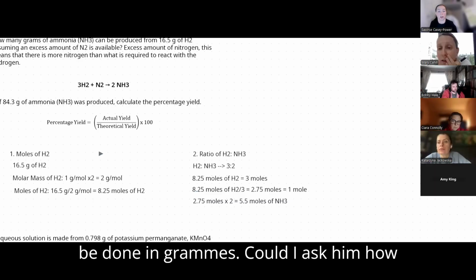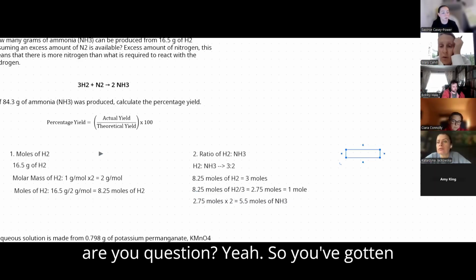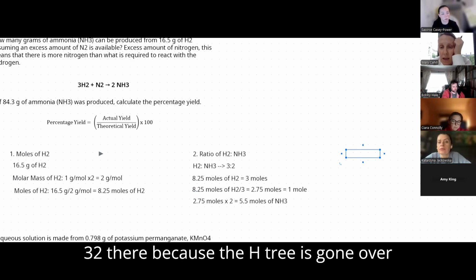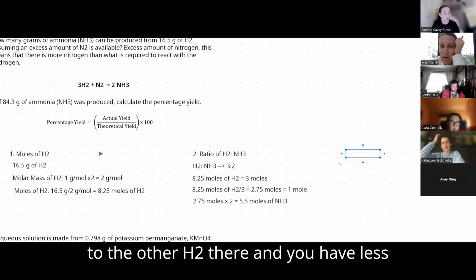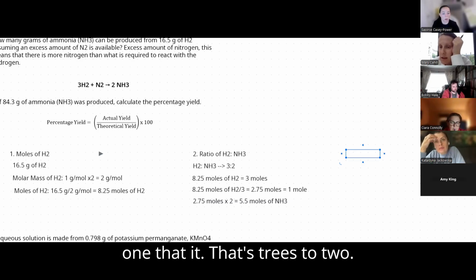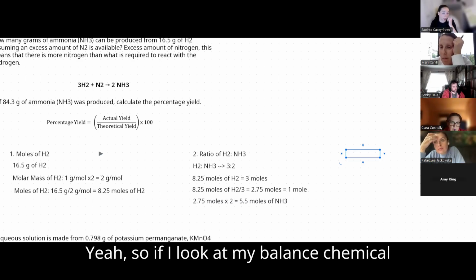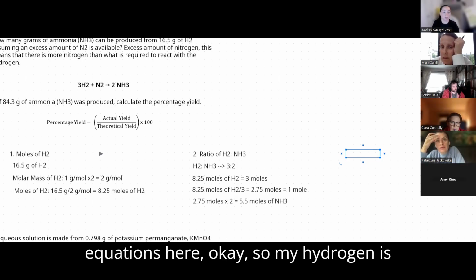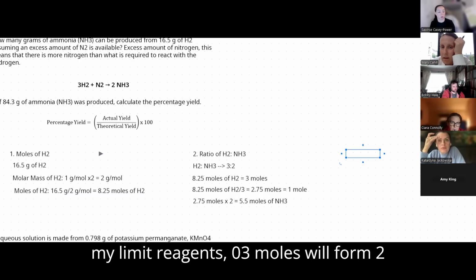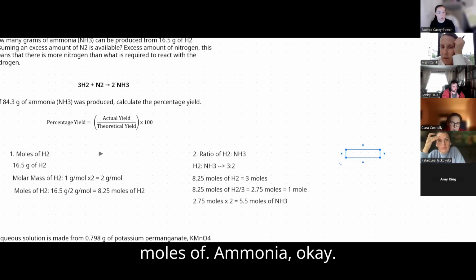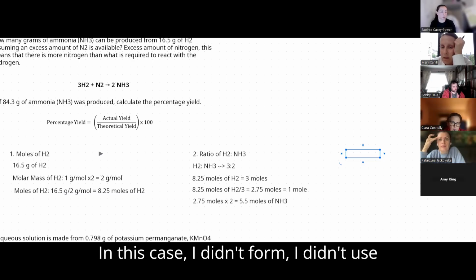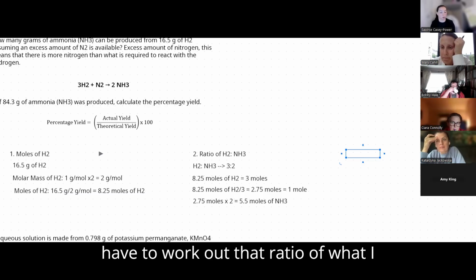Sorry, could I ask a question? Yeah. So you've gotten 3:2 there because the H3 is gone over to the other H2 there, and you have less one. Is that it? That's 3:2. Yeah, so if I look at my balanced chemical equation, my hydrogen is my limiting reagent, so 3 moles will form 2 moles of ammonia. In this case, I didn't use 3 moles and I didn't form 2 moles, so I have to work out that ratio of what I actually used.